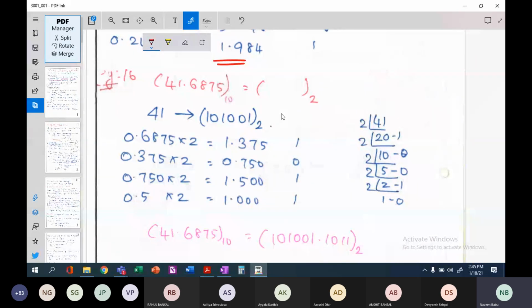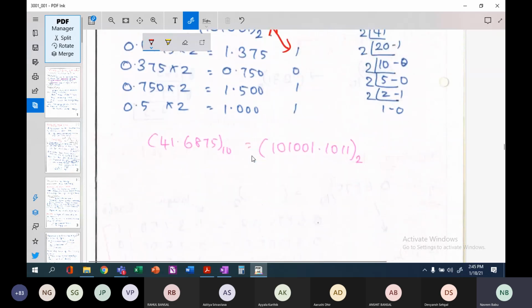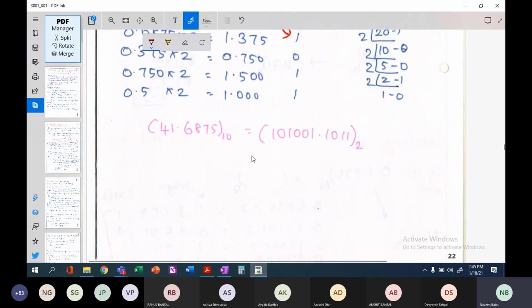All you need to do is combine these two answers. So 41.6875 is equivalent to the integer part 101001, dot, the fractional part 1011, to the base 2. So this is how you convert a decimal number to a binary number with integer and fractional parts. Any doubt?